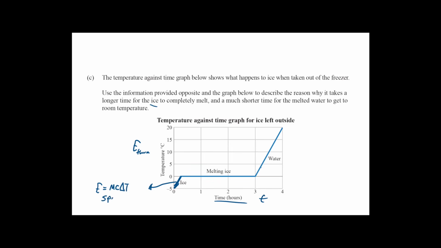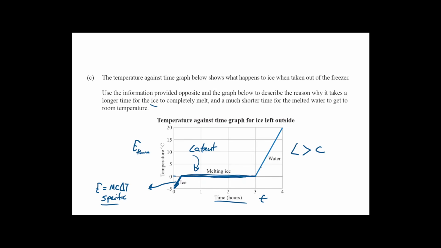So this is specific heat that's working here. Then when it reaches a freezing point, 0 degrees Celsius, now it's latent heat that's doing all of the work. The latent heat is way bigger than the specific heat, so we need lots more of it from the outside air before it can melt.